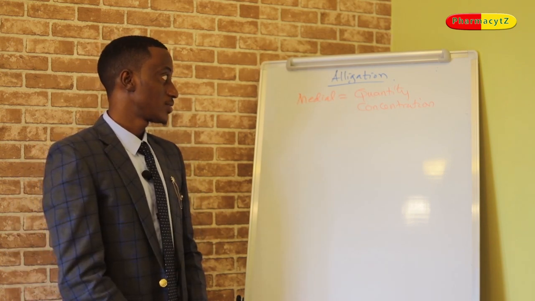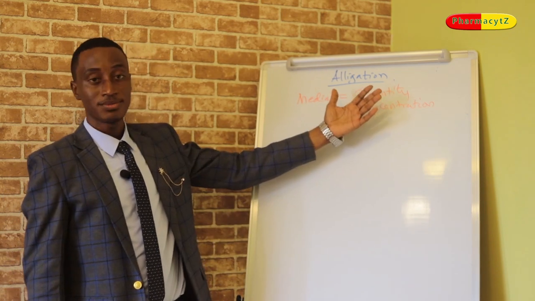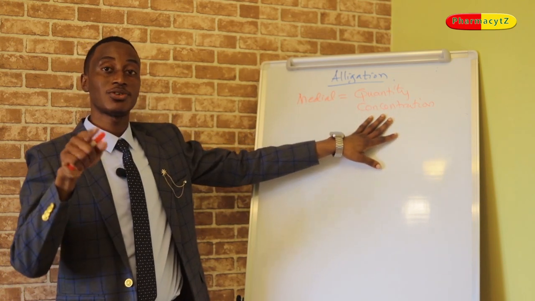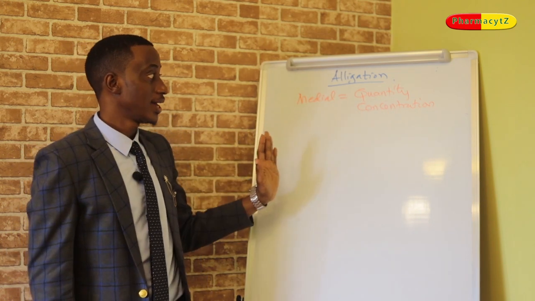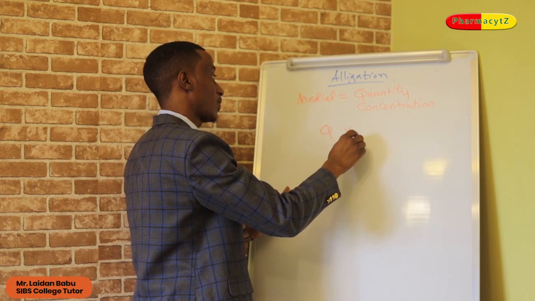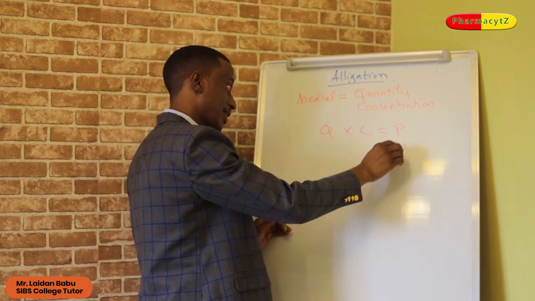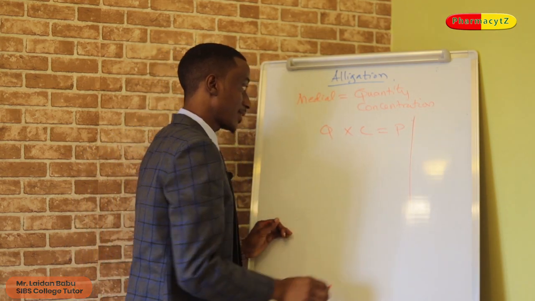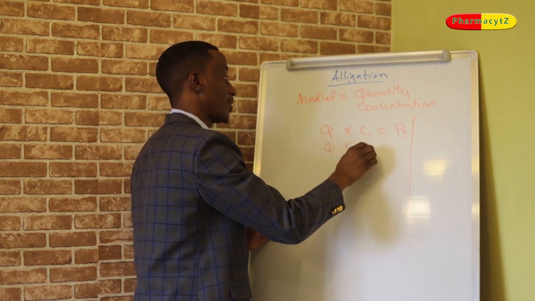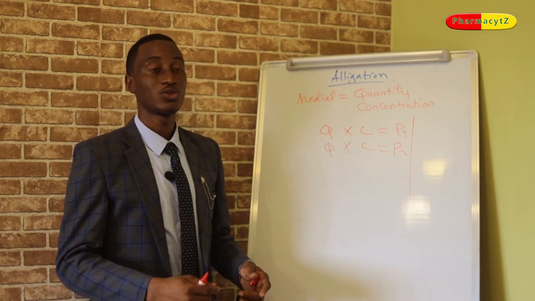So how do we do this? In medial, it is simple as this. The quantity of the component is multiplied by the concentration in terms of percentage strength, and you get the product P. Thereafter, take the product of solution 1 and add the product of solution 2, maybe we may have three or four.